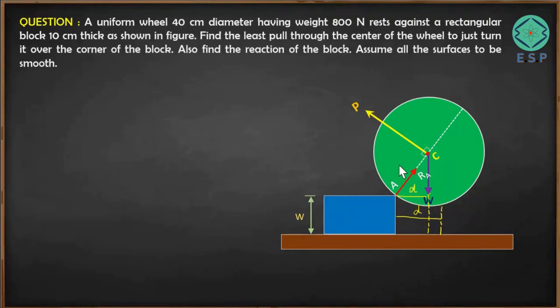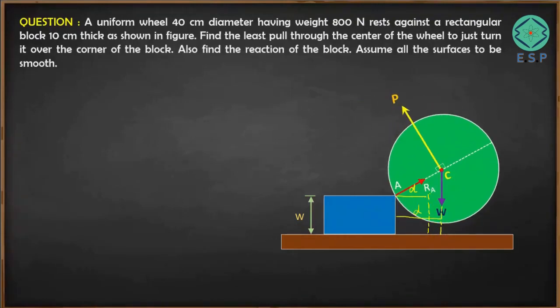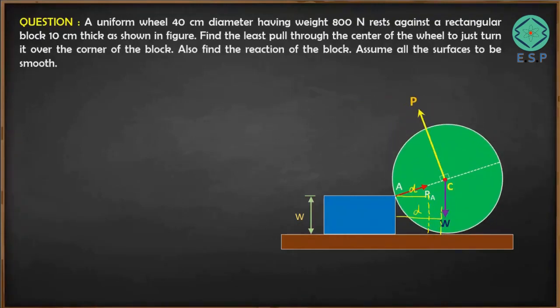So the maximum moment due to the weight about point A will be acting when your wheel is at this particular position. So this is the position where the maximum moment will be caused by the weight about point A. So this is the condition where this particular pull force will experience maximum resistance from the weight.